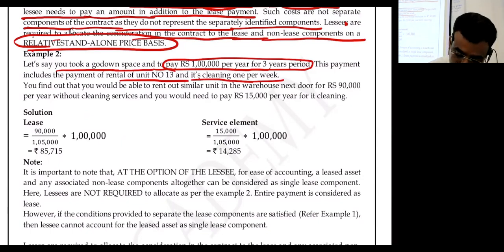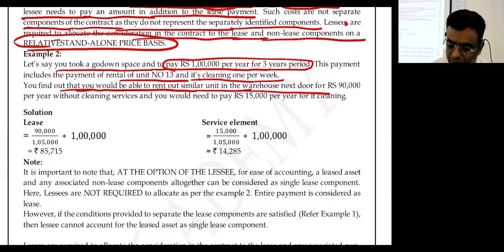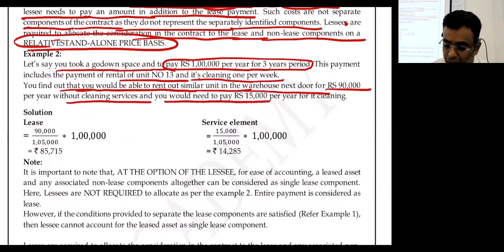Now, you find out that you will be able to rent a similar unit in the warehouse next door for 90,000 standalone selling price per year without the cleaning service, and you need to pay 15,000 per year for its cleaning service. So these two items are called standalone selling prices. That 1 lakh is called the transaction price.